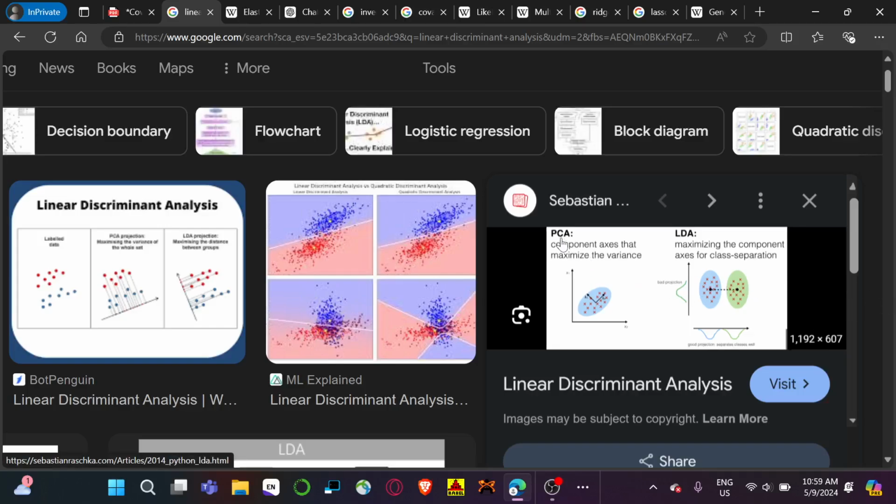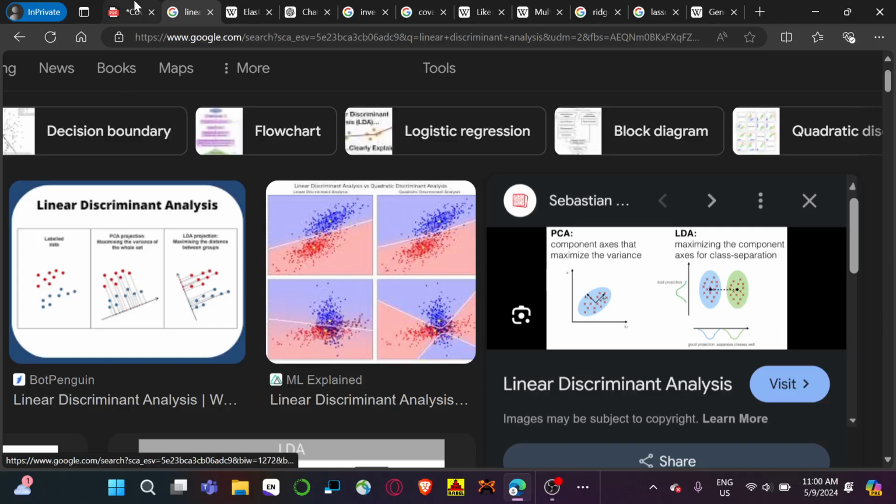PCA typically tries to construct the axes that maximize the variance such that it better explains the data, while linear discriminant analysis tries to maximize the component axis such that we can separate out different classes of data.